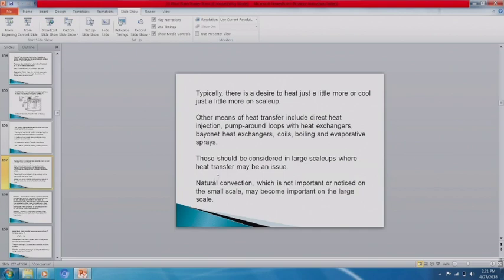Natural convection is not important or noticed on the small scale. It may become important on a large scale.